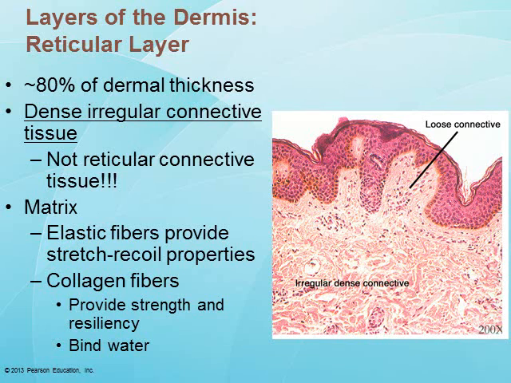It's a dense irregular connective tissue. Just see from this picture, it's irregular dense. So in a dense irregular connective tissue, do you still remember what type of matrix is in this tissue? Collagen fibers. Collagen fibers are in those irregular dense tissues, and the reason we call it irregular is because those collagen fibers are not parallel to each other.